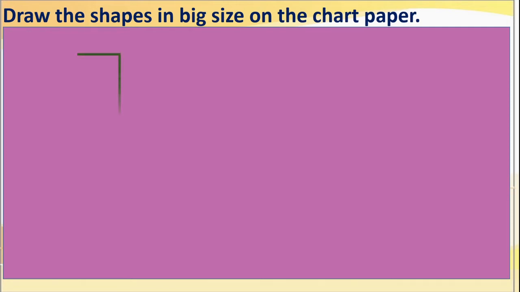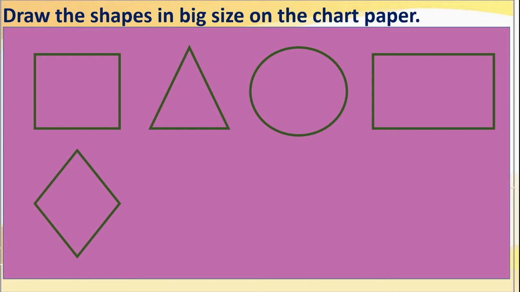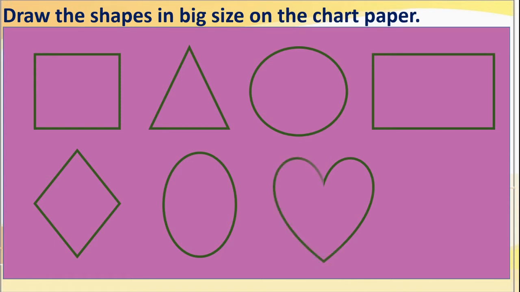See, this is a square. This is a triangle. This is a circle. This is a rectangle, isn't it? Like this. Some more shapes we will draw. We have to draw only the outlines of these shapes.